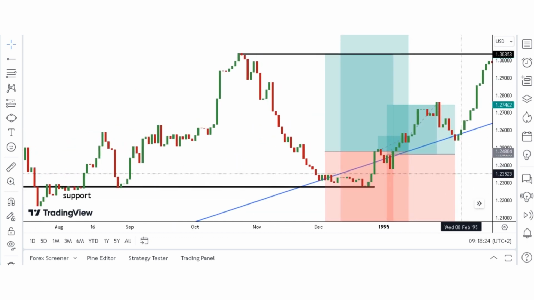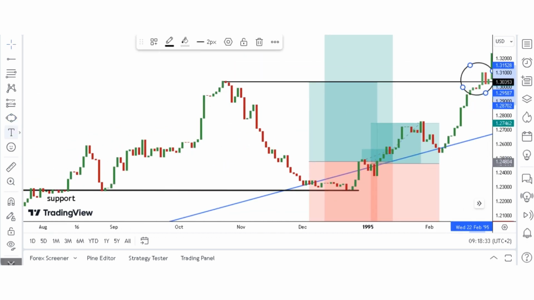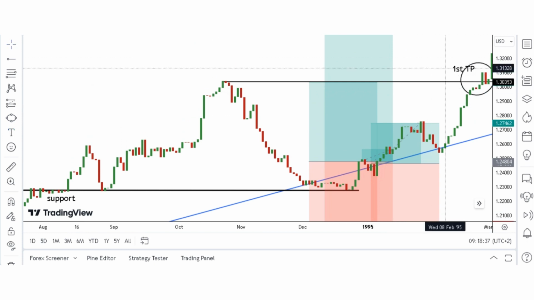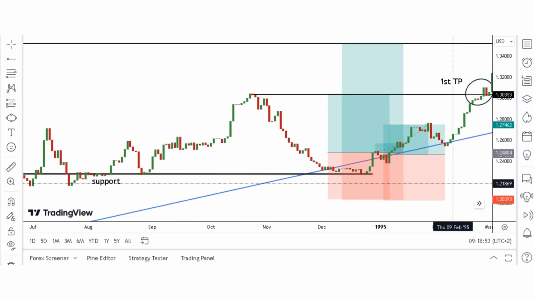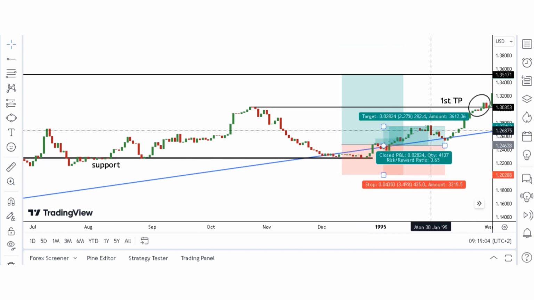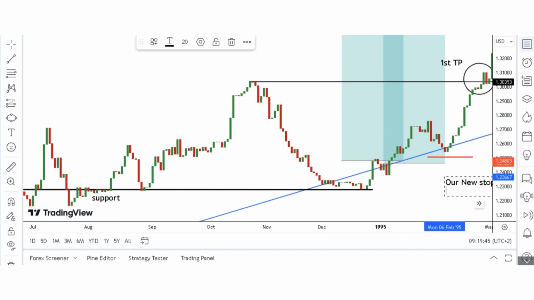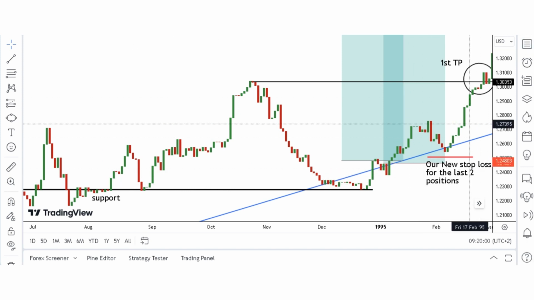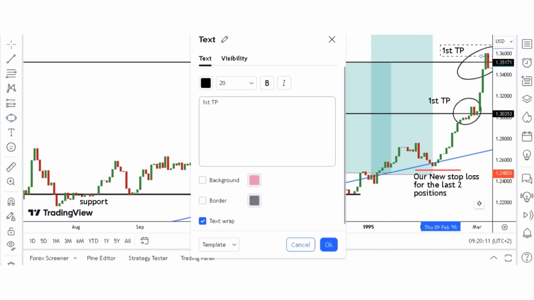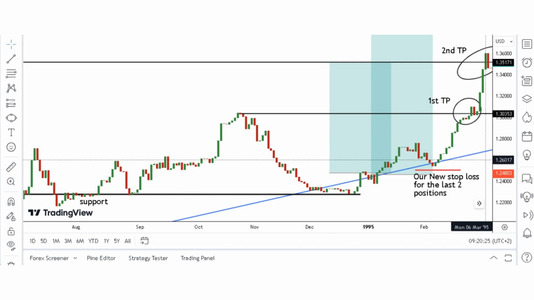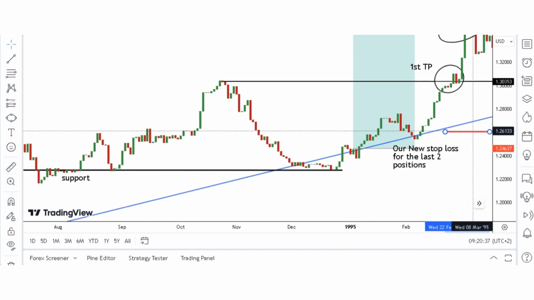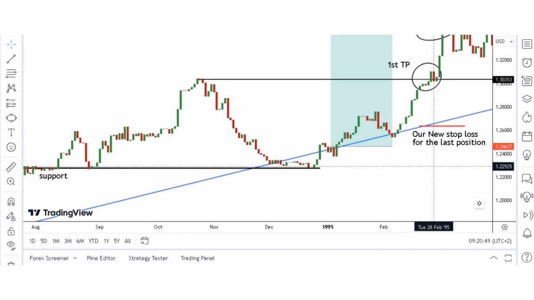We can now see that our first take profit was achieved, yielding a profit of 4.15%. We then trailed the stop loss for our 2 remaining positions below the latest low at around 1.25, which is also below the trend line. Our second take profit was hit at the 1.335 level, yielding a profit of 7%. We continued to trail our final position's stop loss below the trend line.